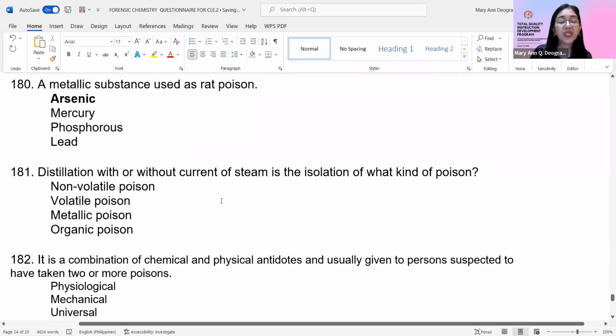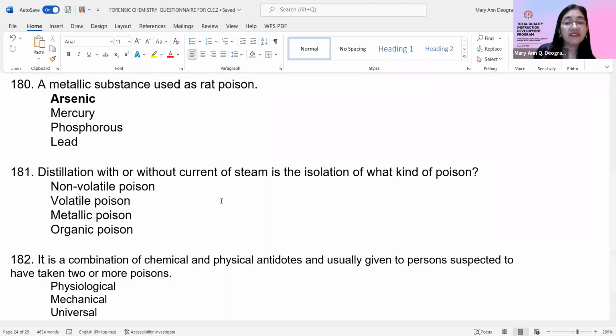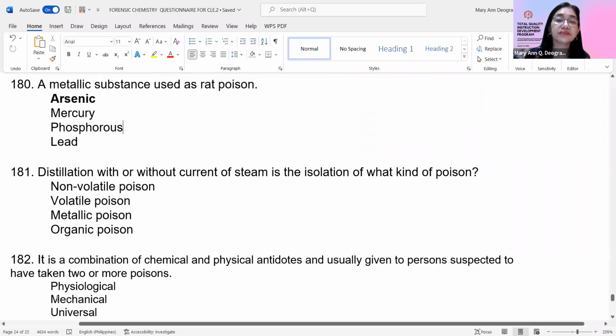Distillation with or without current of steam is the isolation of what kind of poison? Is it volatile, non-volatile, metallic, or organic? Dinidistill lang. It is the volatile poison kasi ito yung easily affected by heat.